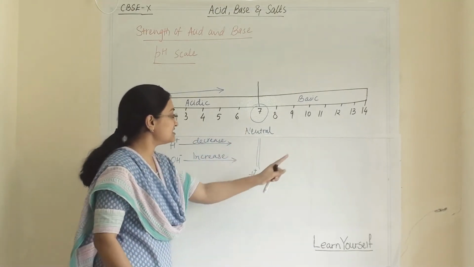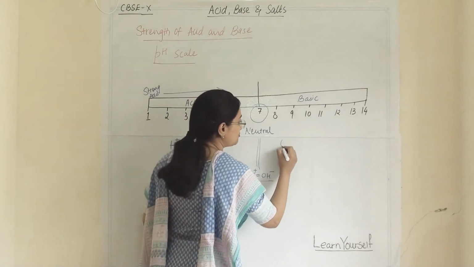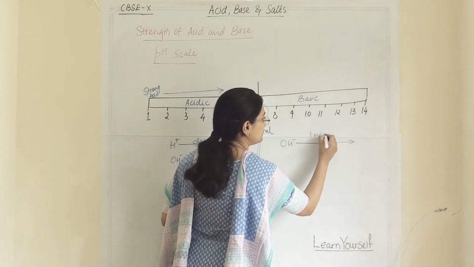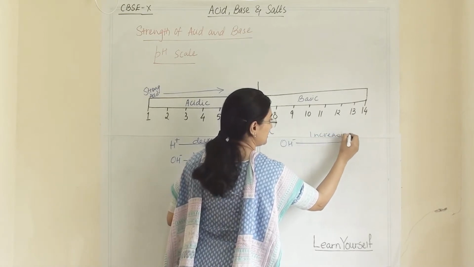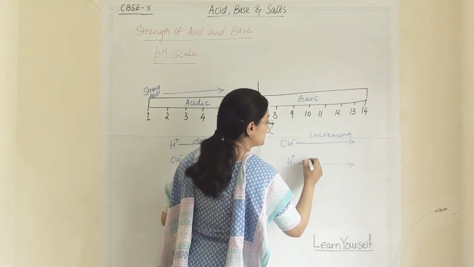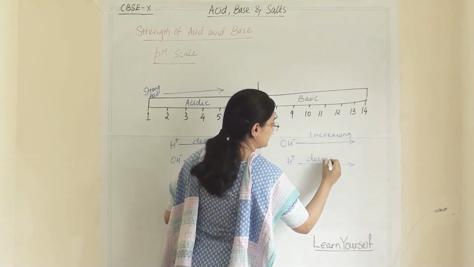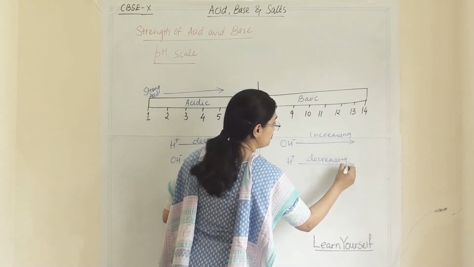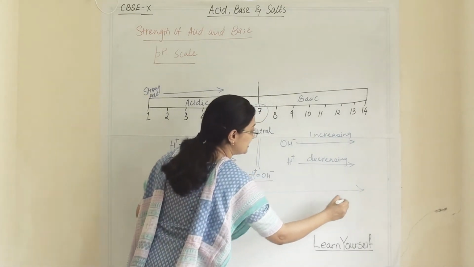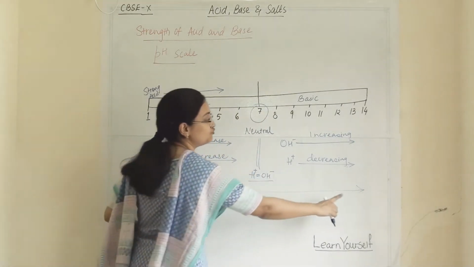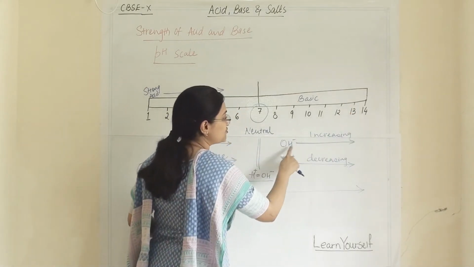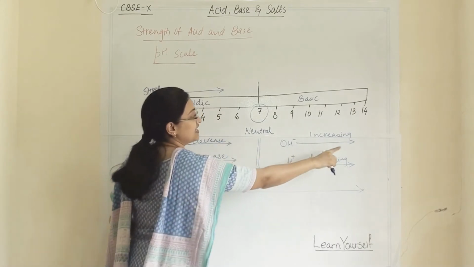Now after 7, the OH minus strength is continuously increasing and the H plus strength is continuously decreasing. As you can see, the H plus strength is continuously decreasing from 1 to 14 and here it will be negligible, and OH minus is continuously increasing.